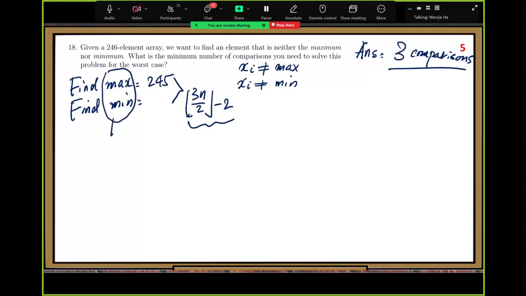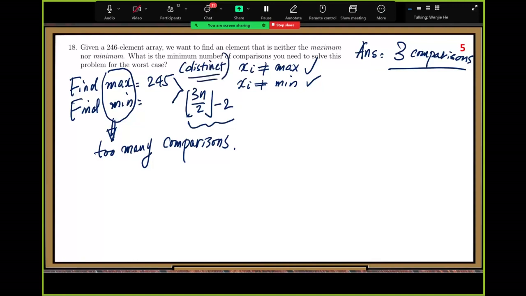So if you do it this way, too many comparisons. But if we do the negation version, we don't need that many. Here we assume distinct elements.